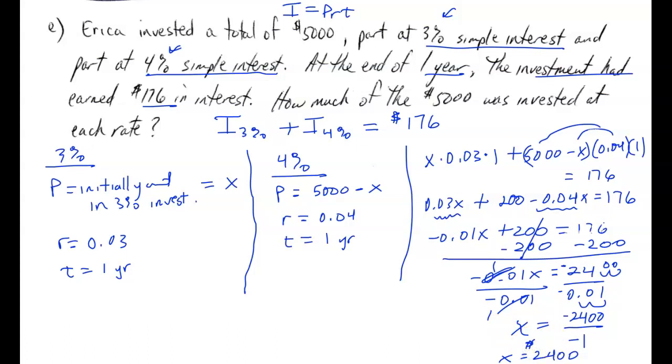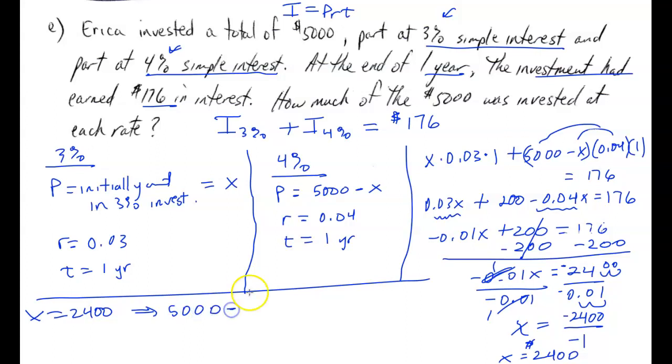So now that we know that, if X is 2,400, then that means that 5,000 minus X, or 5,000 minus 2,400, is going to be 2,600.